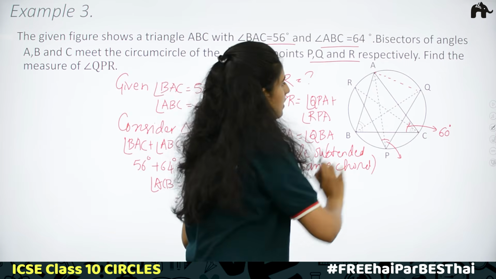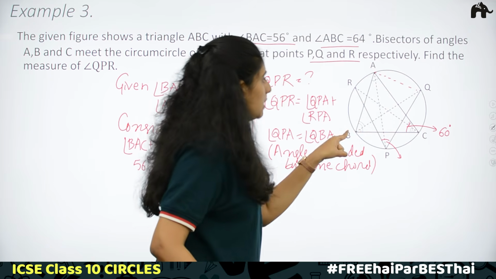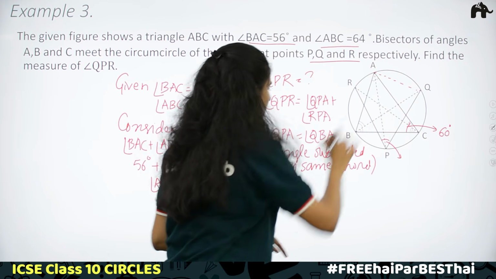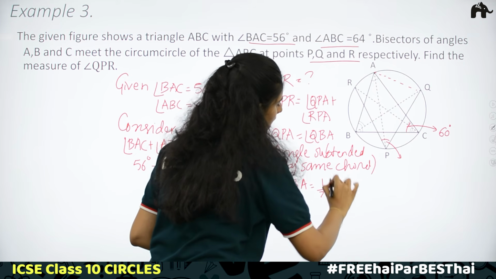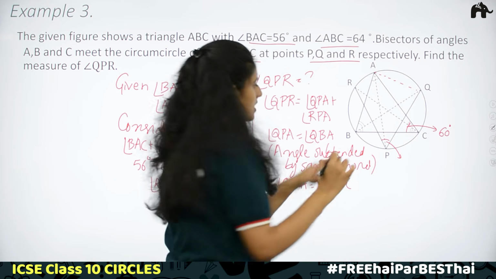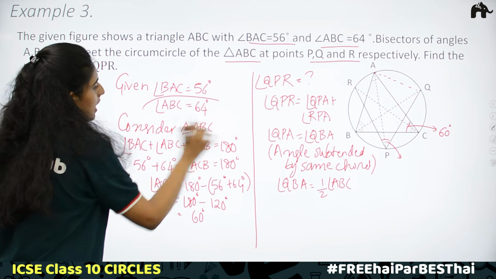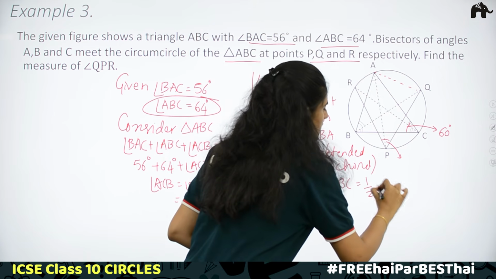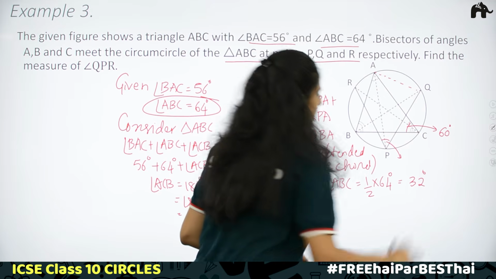Here we know the measure of angle ABC, and QB bisects ABC. Then what is the measure of QBA? Angle QBA will be half of angle ABC, since bisection is happening. ABC is equal to 64 degrees. Half of 64 degrees is equal to 32 degrees.